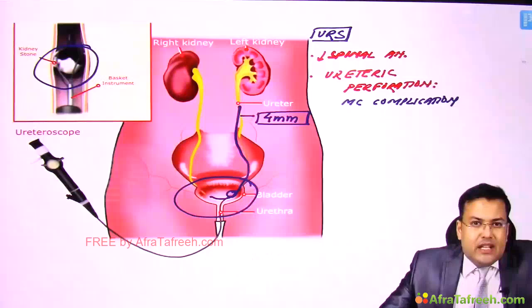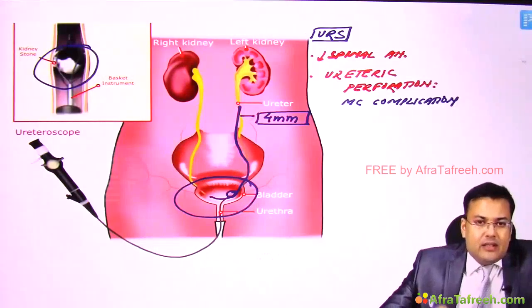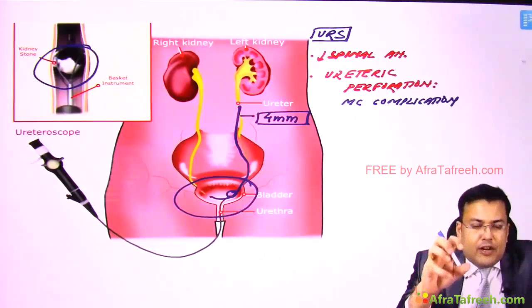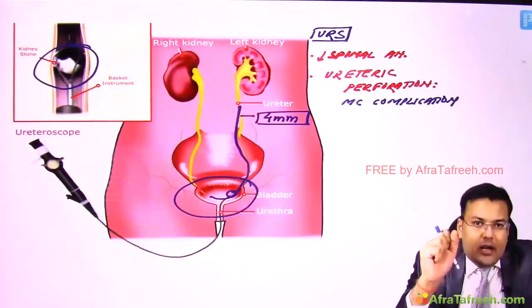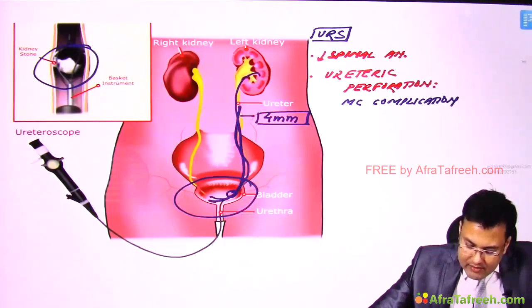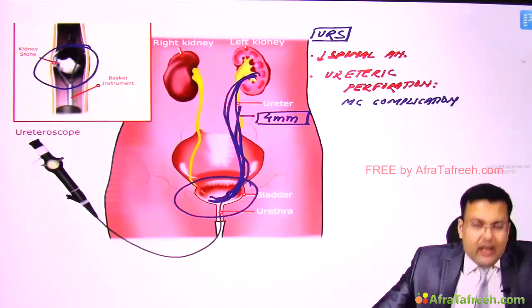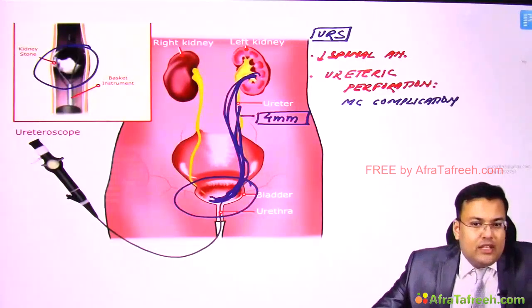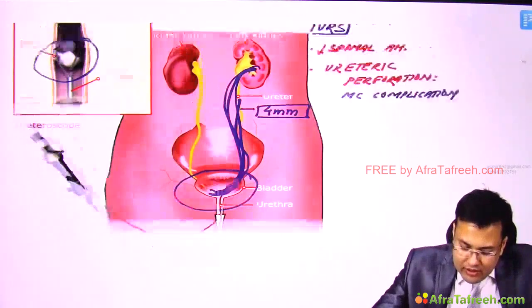DJ means double J stent is inserted. Sometimes the fragments of DJ stents are there. So if some foreign body is there, you can remove that. If you have to insert DJ stent, you can insert the DJ stent with the help of what? Ureteroscopy. And sometimes there is urothelial tumor, we can take what? Biopsy. So these are the indications of URS or ureteroscopy.